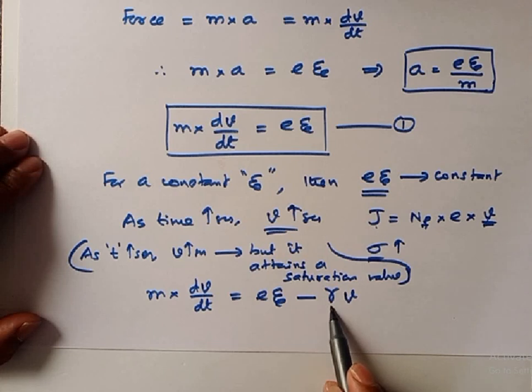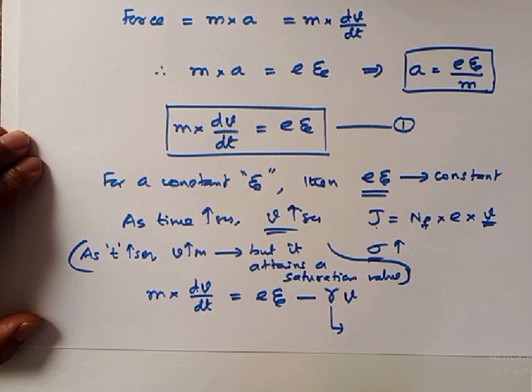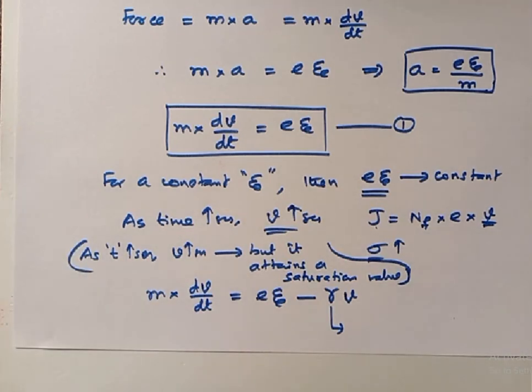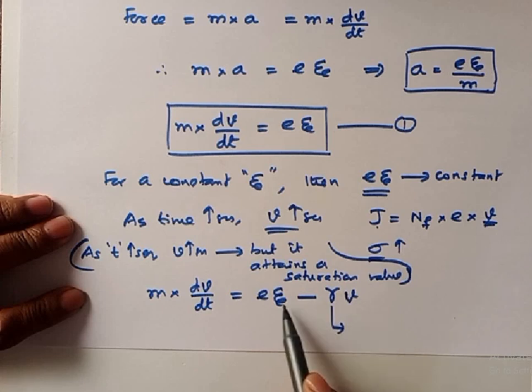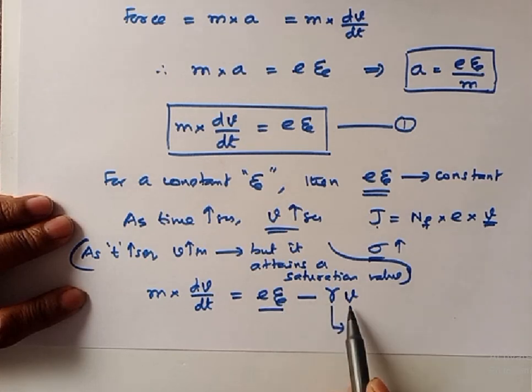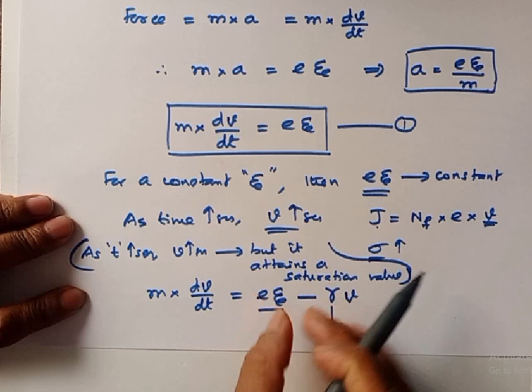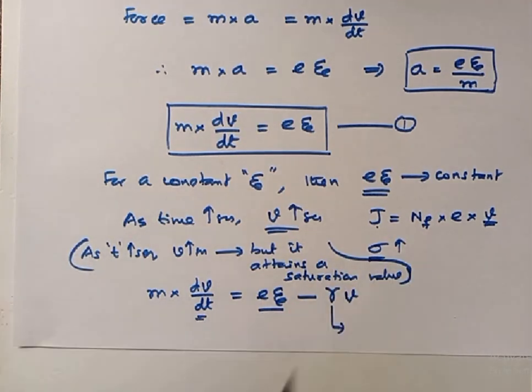Gamma is a constant for a given material, for a given field strength epsilon. And see here, as V increases, you are subtracting this quantity from this. As V increases, what will happen at one particular value of V? These two become equal, because this is a constant. They become equal, so it becomes 0, right? That means the acceleration becomes 0, or velocity remains constant.